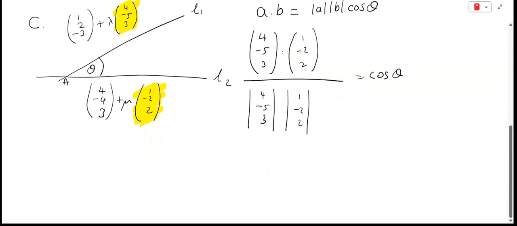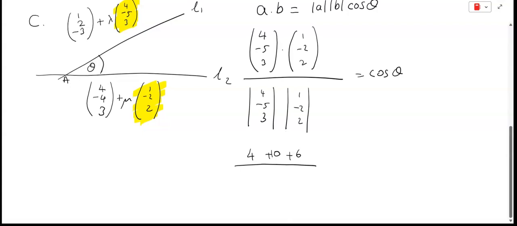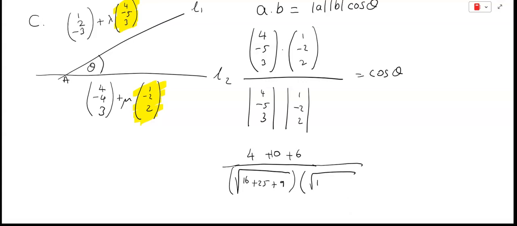When I dot them, 4 times 1 is 4, plus 10, plus 6, divided by the magnitude, so 4 squared 16, plus 25, plus 9, times the magnitude of B, which is the square root of 1 plus 4 plus 4. At the top, we'll get 20, divided by root 50, and that's root 9, so that's just going to be 3.